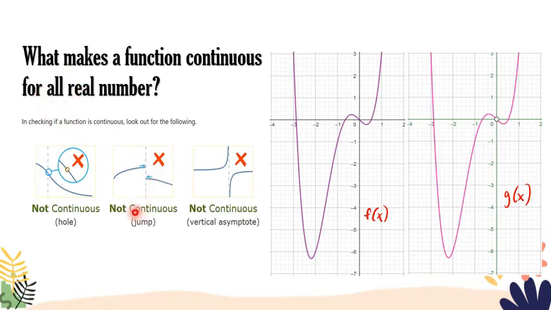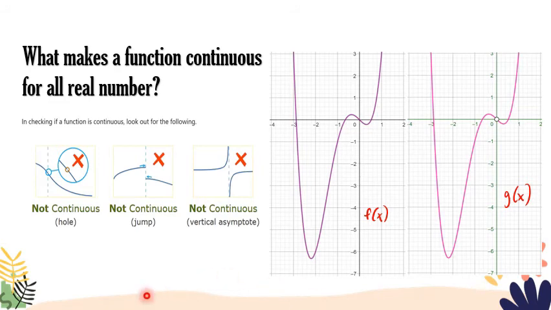Same thing, if there's a jump at any point on the graph, then the function is not continuous for all real numbers. And if there is a vertical asymptote, still the same, the function is not continuous for all real numbers. So here we have f of x and g of x.